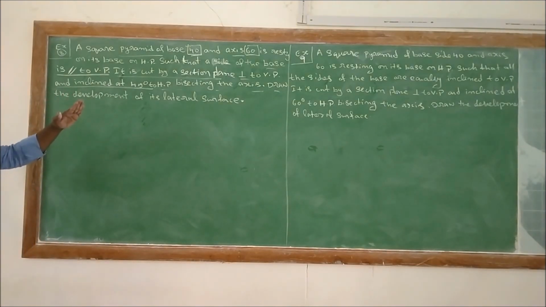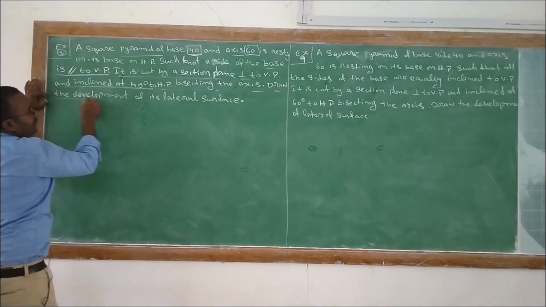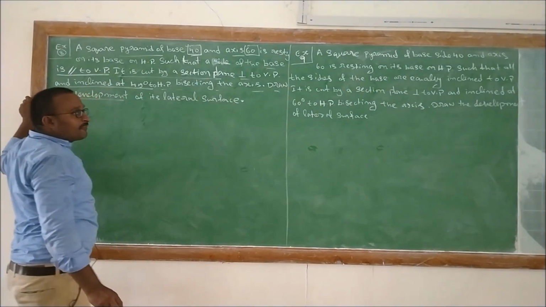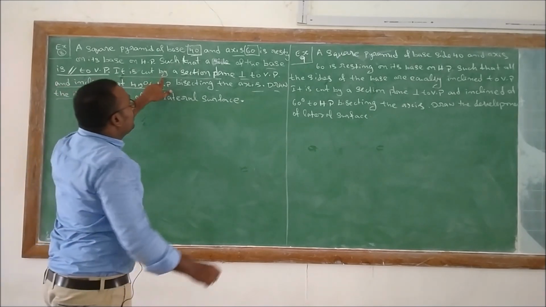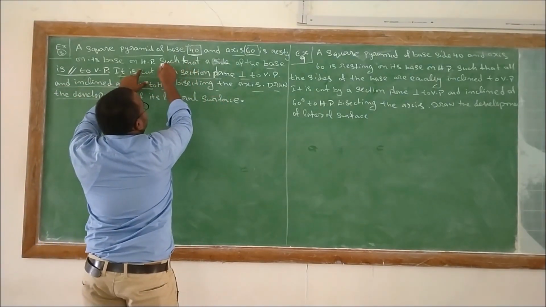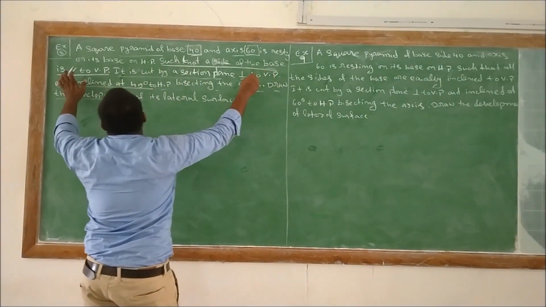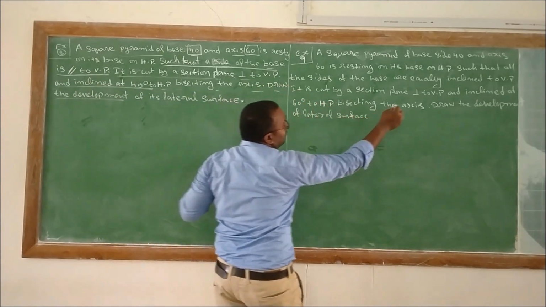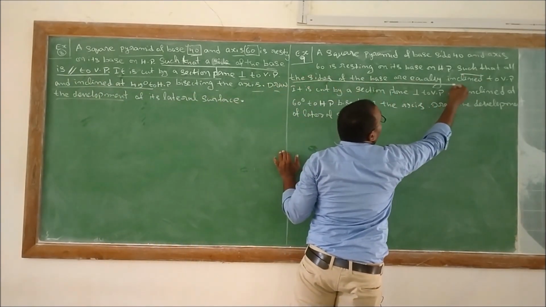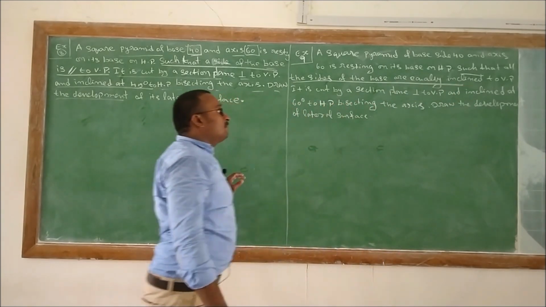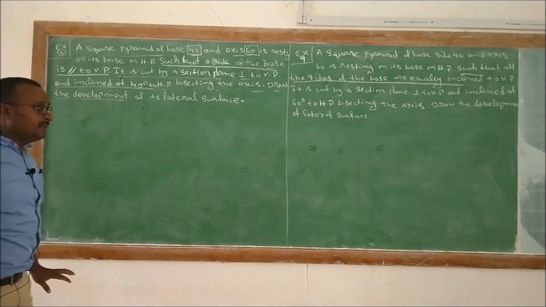Then develop the lateral surface of the given pyramid. Here the sides of the base are parallel to the VP, but in the other problem the base sides are equally inclined to the VP. So there is a major difference between these two.